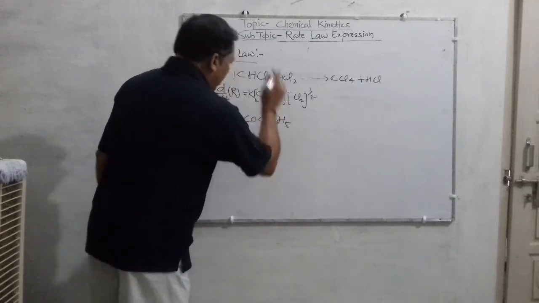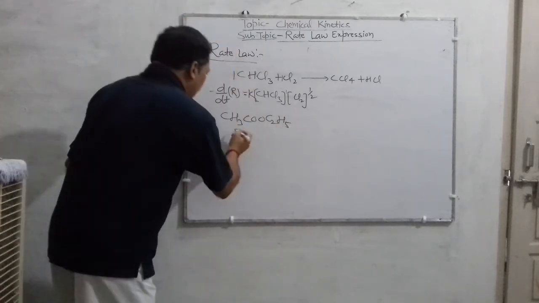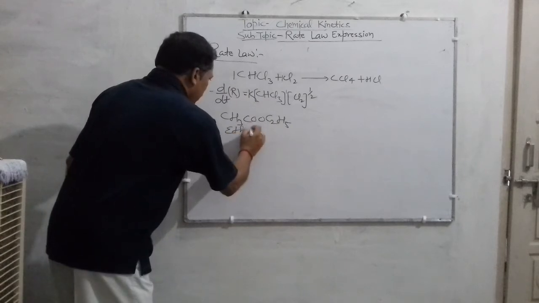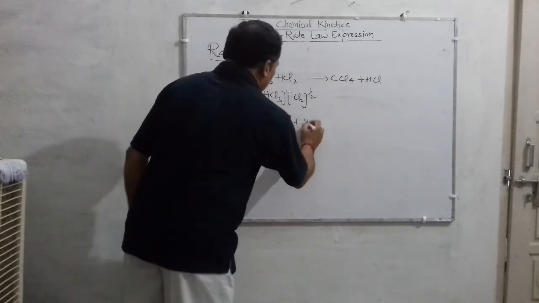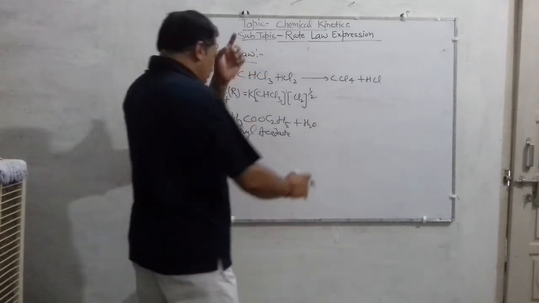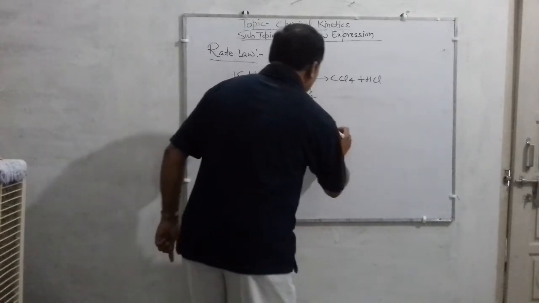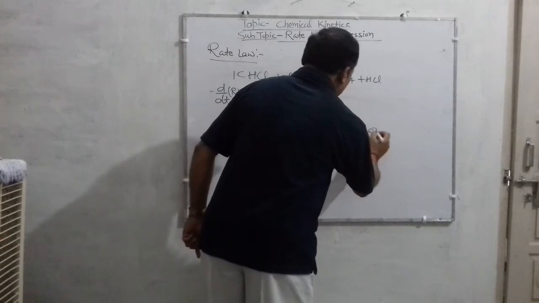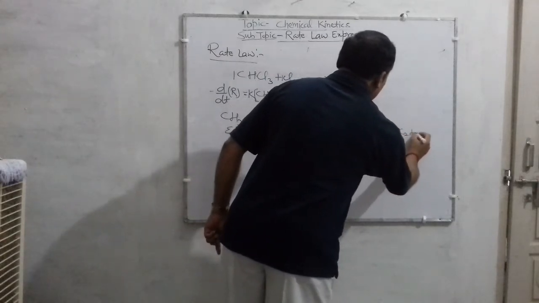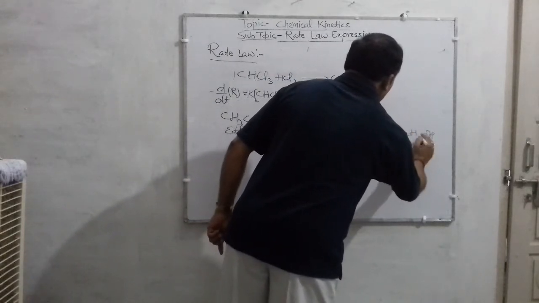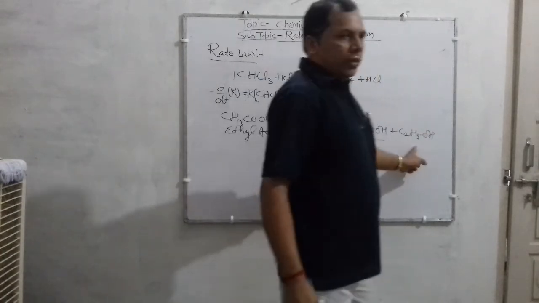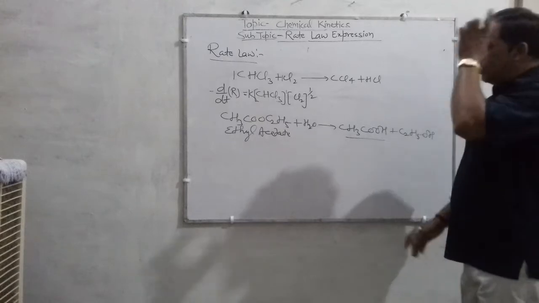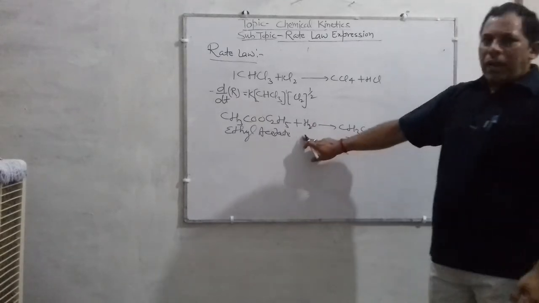You know this compound, ethyl acetate. The name of this compound is ethyl acetate. Suppose it reacts with water, resulting in the formation of ethanoic acid and ethanol. This is ethanoic acid and this is ethanol. In this reaction, children, suppose you have to write the rate law.